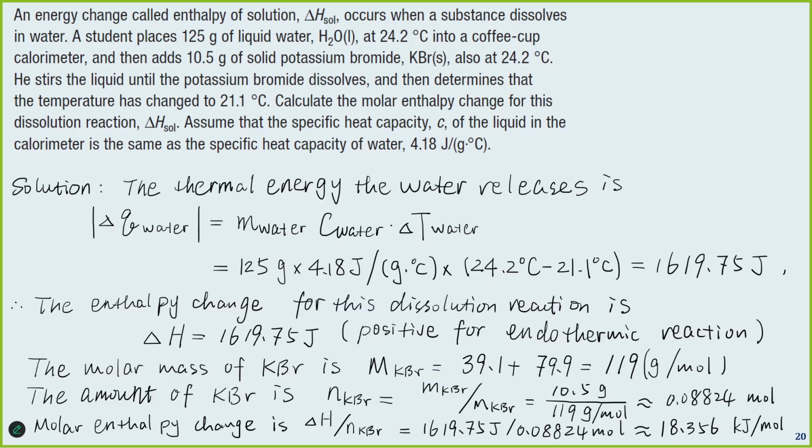And last, we can calculate the molar enthalpy change, which is ΔH over the amount of the potassium bromide here, and that is 19.75 joules over 0.08824 moles, which is 18.356 kilojoules per mole.